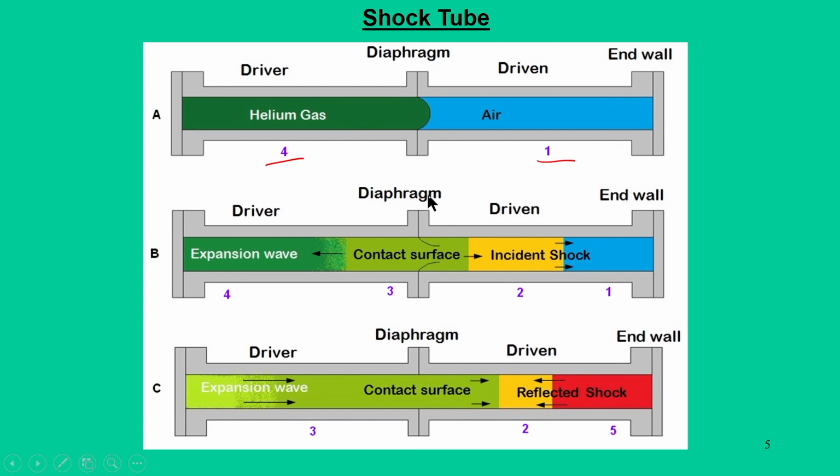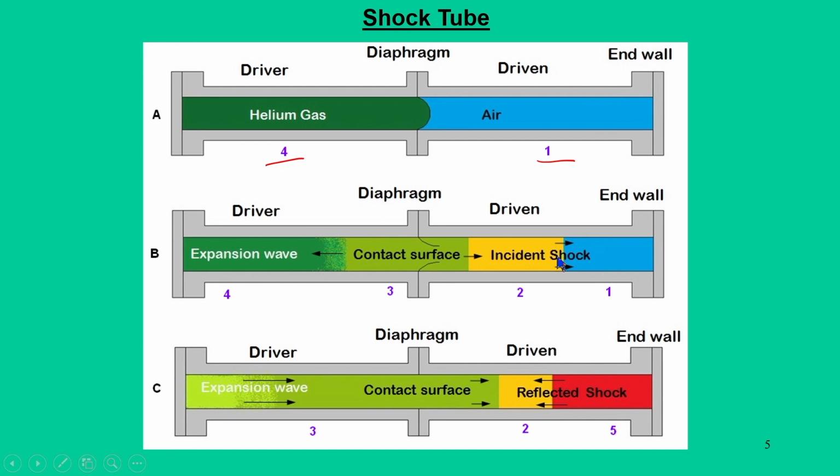So, we call this initial shock wave the primary shock, and when this primary shock propagates into the driven sections, at one instant when the shock wave is standing at this location, it means that this portion of the gas has been exposed to the shock wave and the other side of the shock wave has not been exposed. So, this is at one particular instance. This phenomenon can be viewed at any other location in the driven sections.